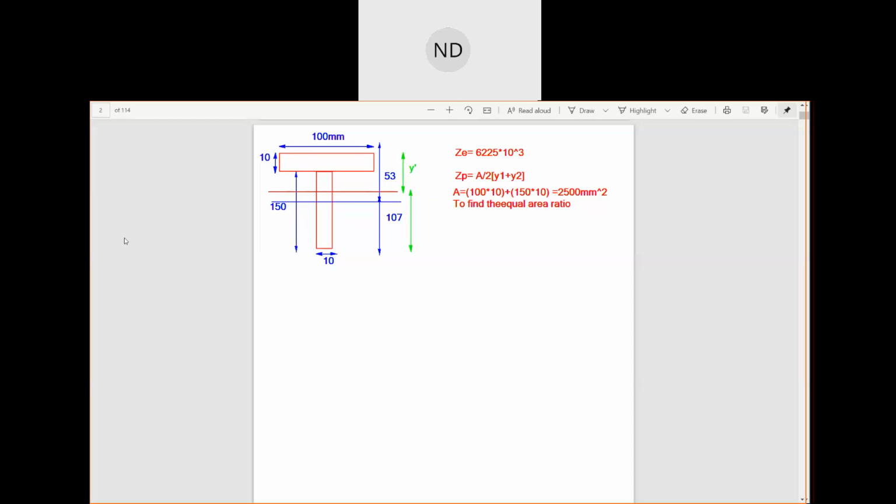So the bottom portion below the equal area axis is 160 minus y dash.